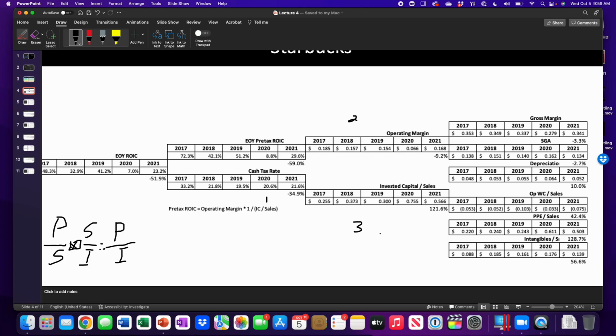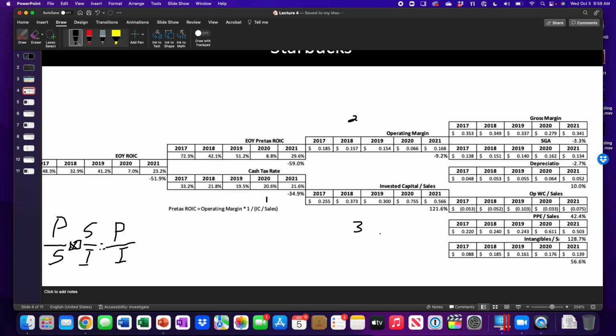Okay, so what I know about invested capital to sales is it worsened primarily because PP&E to sales went up from 22 cents to 50.3 cents. That 28 cent per dollar increase, along with an increase of about 5 cents per dollar in intangibles from 8.8 to 13.9, is why Starbucks productivity worsened.